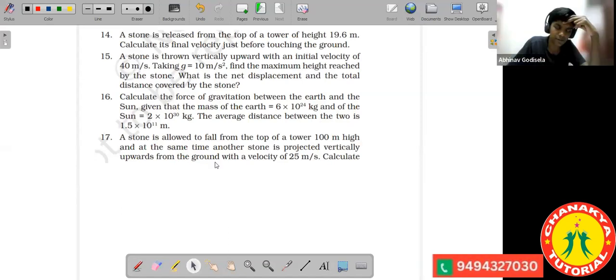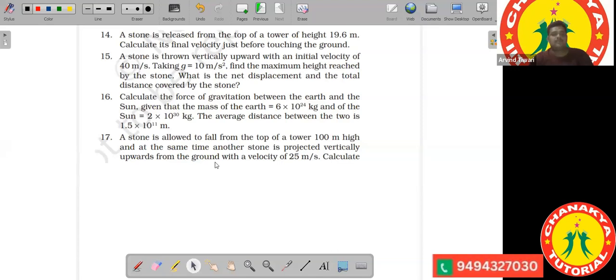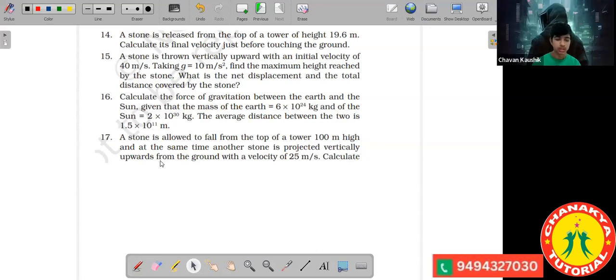So are we supposed to do 14 question first? First question 15. Sir, can we take gravity as 10 meters per second squared?